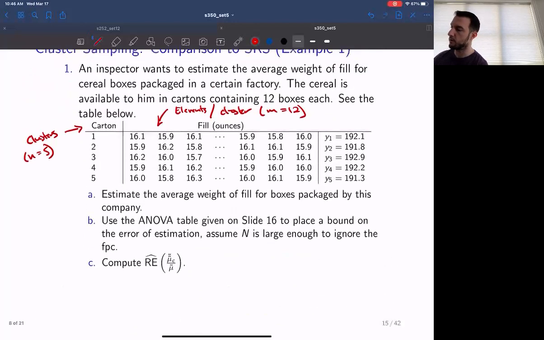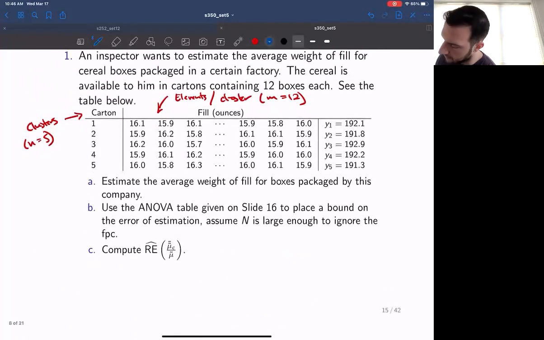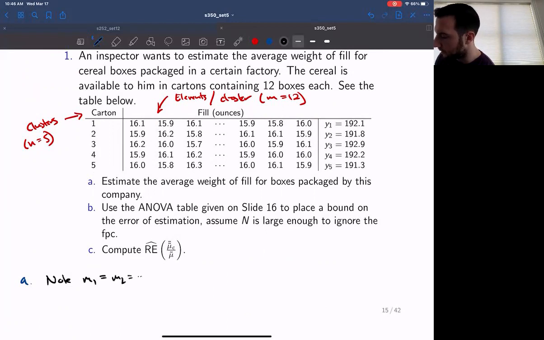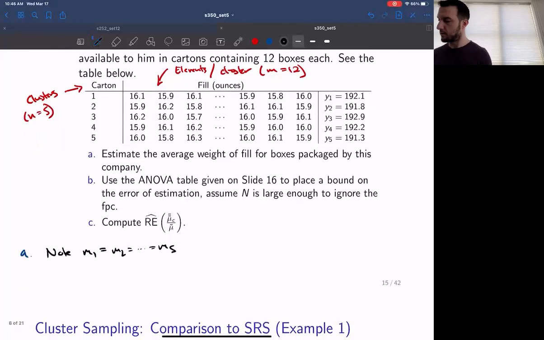All right, so starting in part A. First note M1 equals M2 equals M5. So we have consistent cluster size across each of the different clusters.